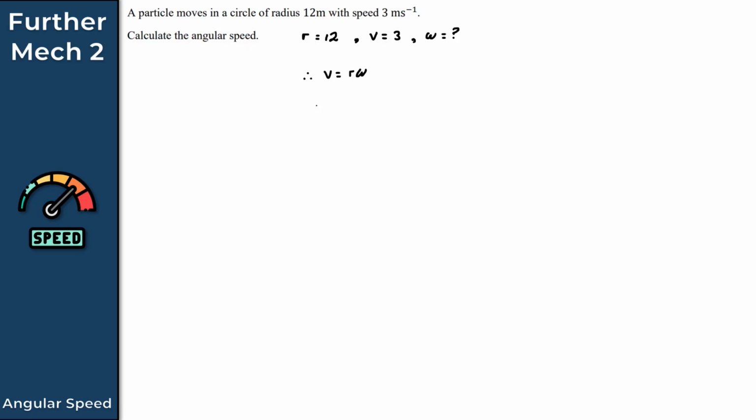So v is 3, r is 12. In that case, 3 is equal to 12 omega. Clearly, if we just want omega, all we need to do is divide both sides by 12. So omega is equal to 3 over 12, which gives us 1 over 4 once we simplify, which is just 0.25.